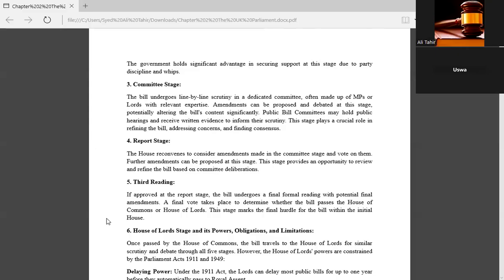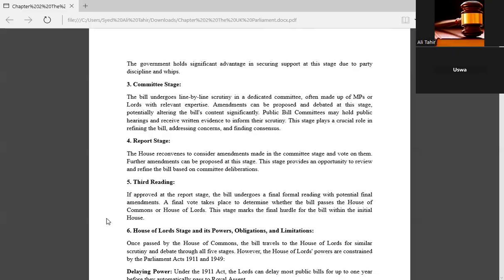At step 3, we have the committee stage. The bill undergoes line-by-line scrutiny. This is a very detailed reading, and here a lot of the debate happens, often made up of MPs or lords with relevant expertise, usually MPs or lords who are lawyers, barristers, or solicitors in their own right, or maybe engineers or anything related to that field, who will be added to the committee, and they will review the law in as great detail as they can.